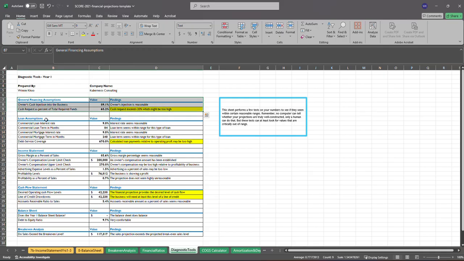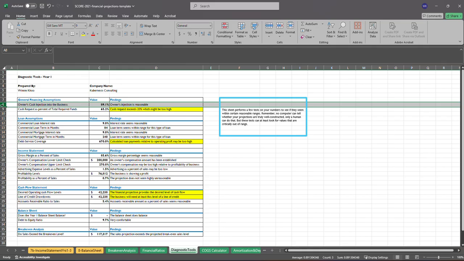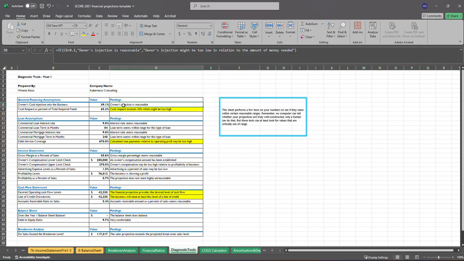The first section is the general financing assumptions. The first one, when kicking off the business, is assessing the owner's cash injection into the business. So what do they want? If the owner's cash injection is greater than 0.2, or 20%, then it's reasonable.